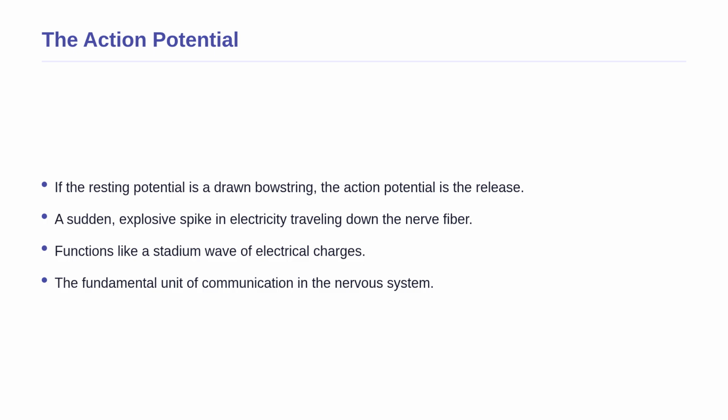An action potential works exactly like this stadium wave, but with electrical charges traveling down the length of a nerve fiber. It is a sudden, explosive spike in electricity that travels from one end of the neuron to the other. This is the fundamental unit of communication in the nervous system, allowing your brain to tell your toes to wiggle in a fraction of a second.